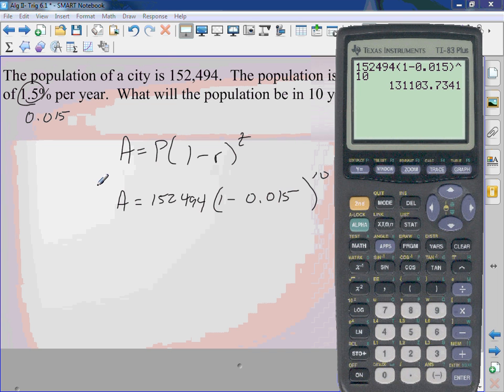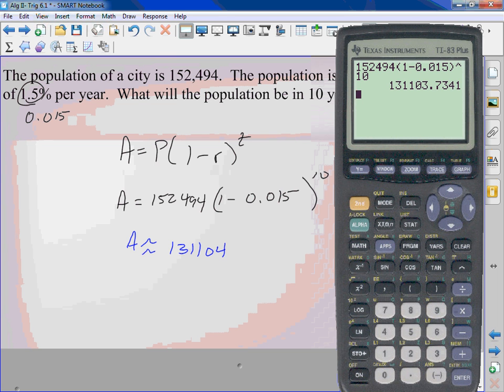What are we talking about here? We're talking about people. So I have, what? 131,103.7341. So A is approximately what? 131,104.